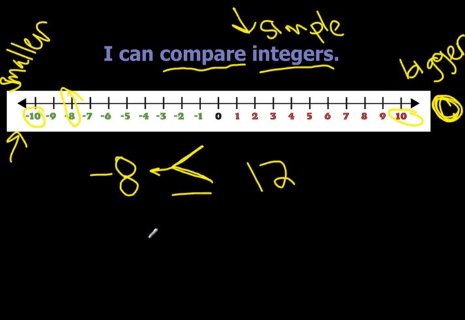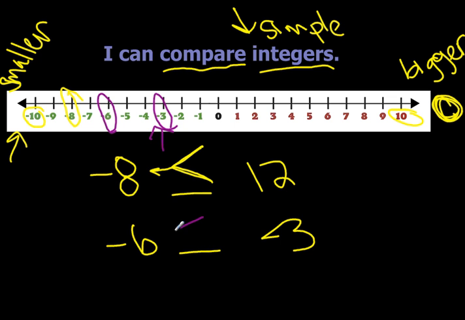Okay, so now if we take a look at the next problem, I might have something like negative 6 compared to negative 3. Okay, and let's locate those on our number line. Here's my negative 6, and here's my negative 3. And I think about which one is farther to the right. Negative 3 is farther to the right, so it's bigger.